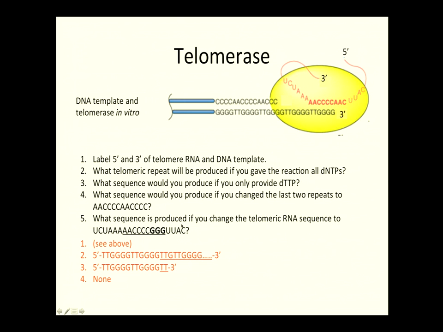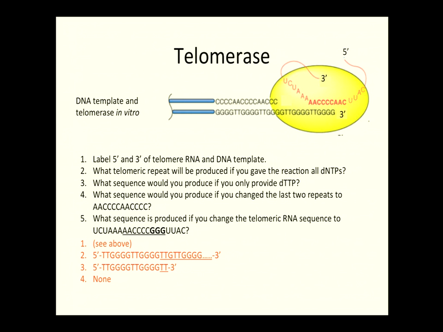And the last one. What sequence is produced if you change the telomeric RNA sequence to this? So this right here, AACCCCAAC. So you're changing these last three to GGG, or these three right here. So AAC becomes GGG.